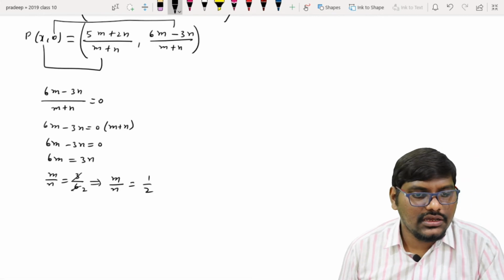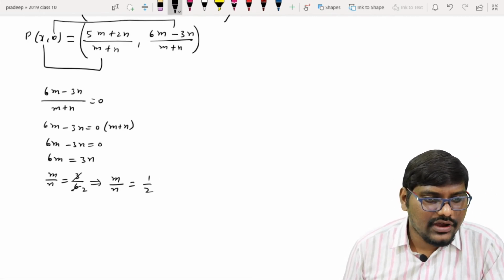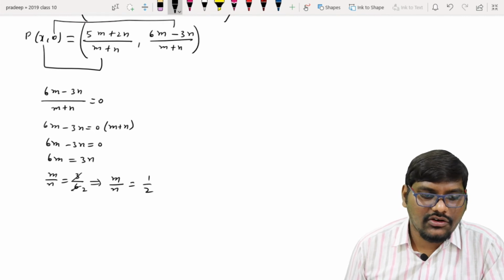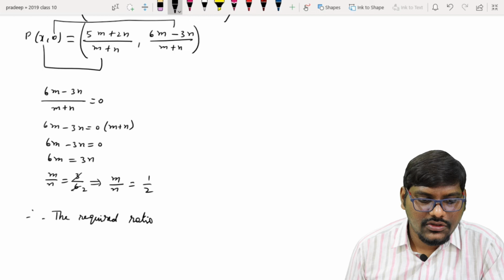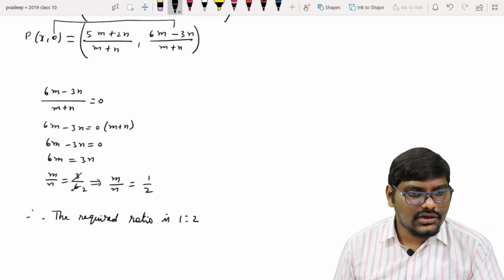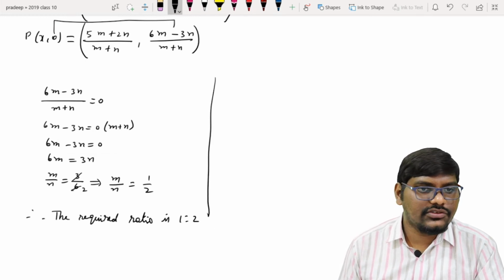So for that we will take m by n and find the x and y coordinates. Therefore the required ratio is 1:2.